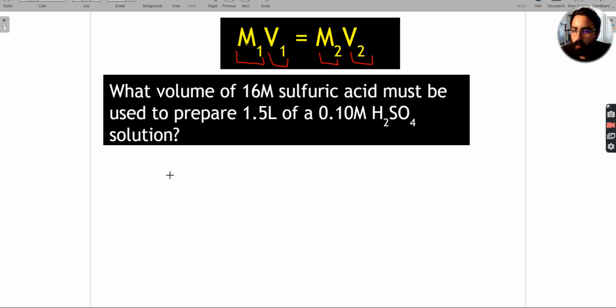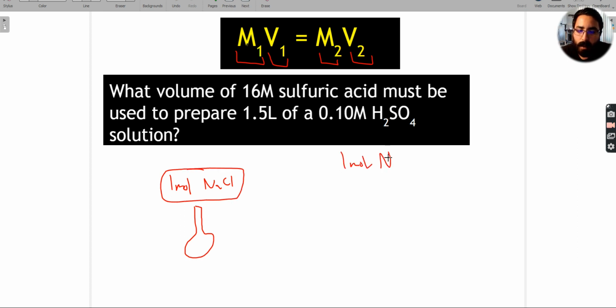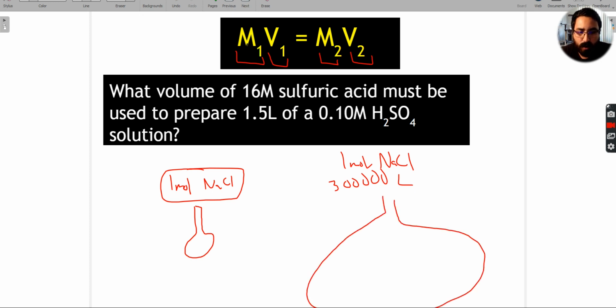So let's say I have 1 mole of sugar, or 1 mole of NaCl, and I dissolve it in 1 liter. I'll have 1 molar. I'll still have 1 mole of particles dissolved in there. But if I have 1 mole of NaCl and I dissolve it in, let's say 300,000 liters, well, now I have a bunch of water, but I have the same number of moles.